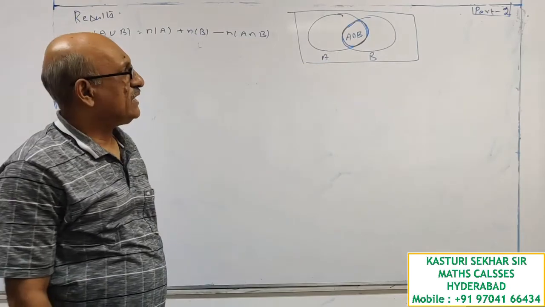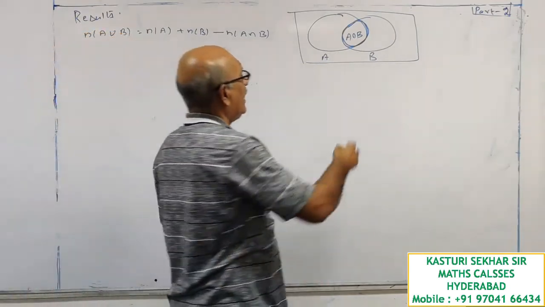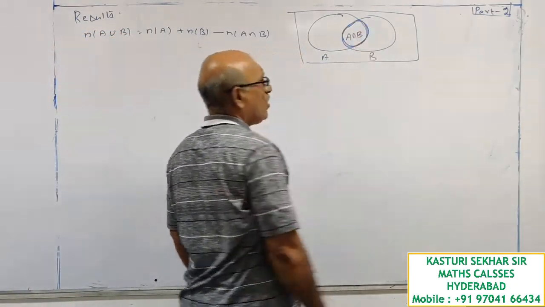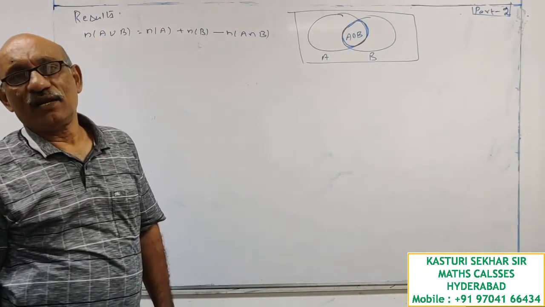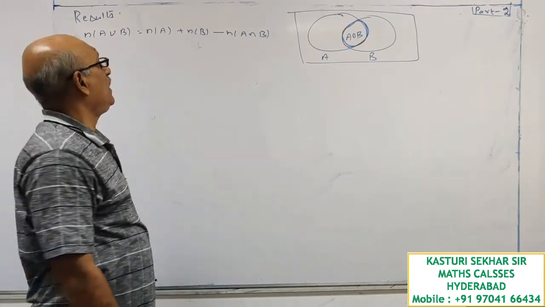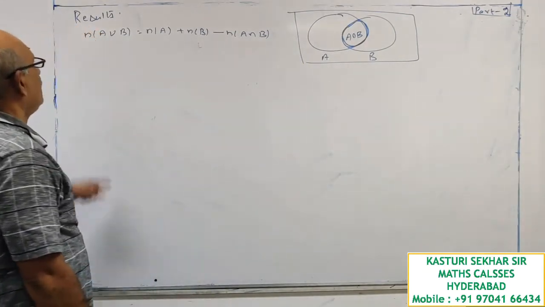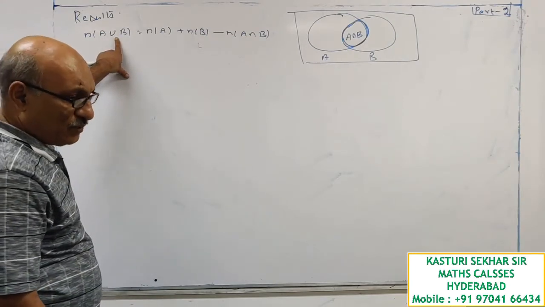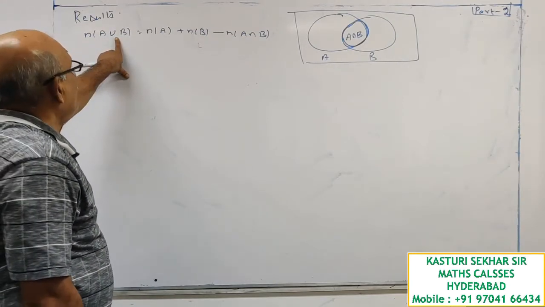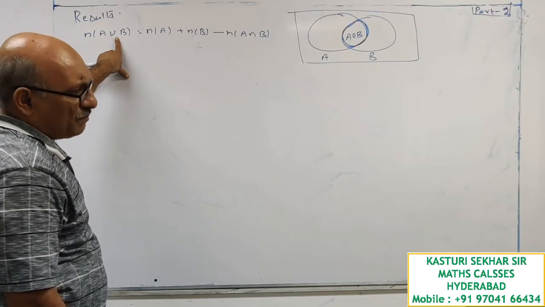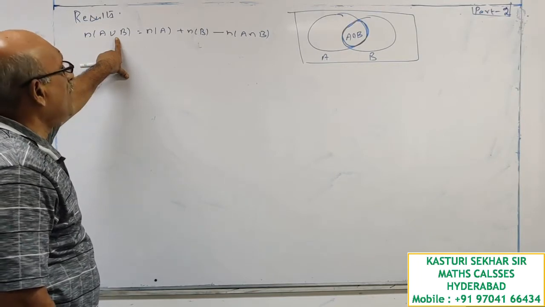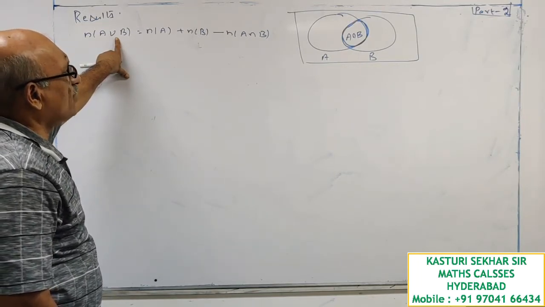When you are considering the elements of set B, A intersection B is again counted. It means A intersection B is double counted. So number of elements in A union B is equal to number of elements in A plus number of elements in B minus number of elements in A intersection B.